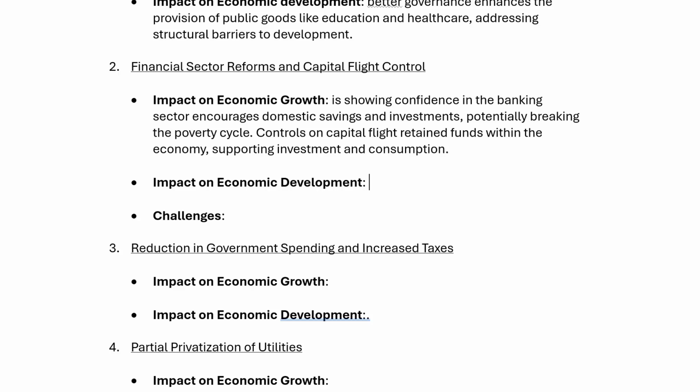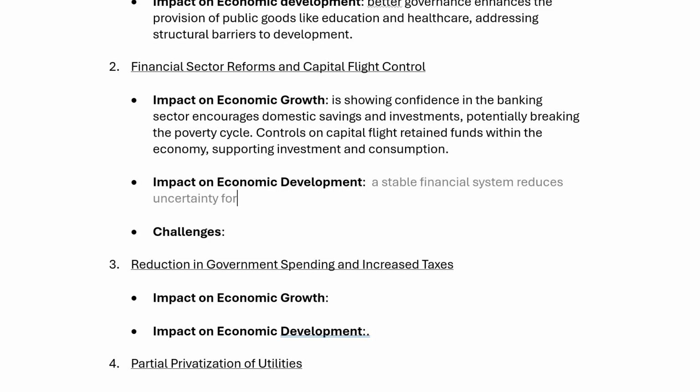All right, so that's the first bit. Now, for the second bit on the impact on economic development, a stable financial system reduces uncertainty for households and businesses, fostering economic stability.